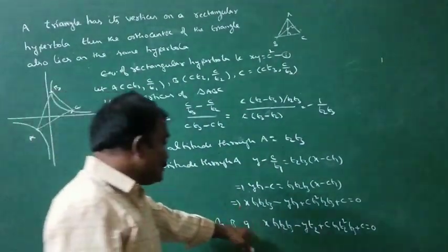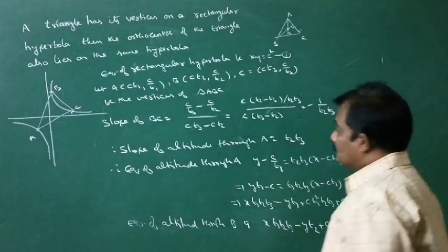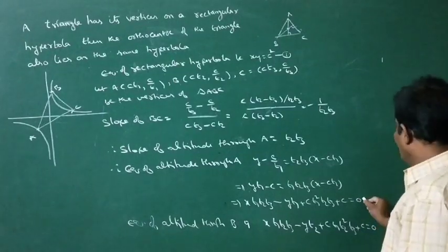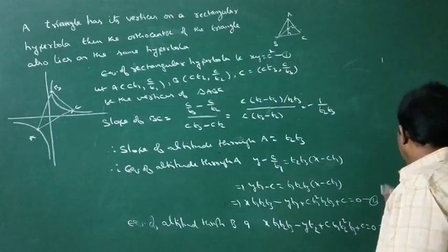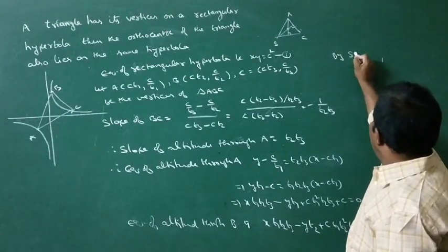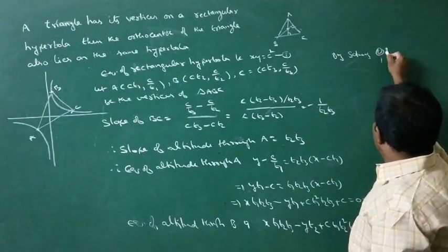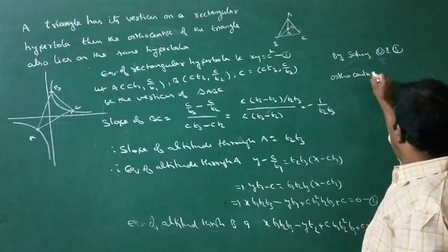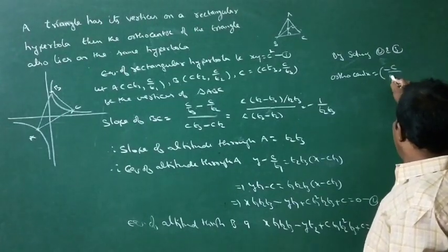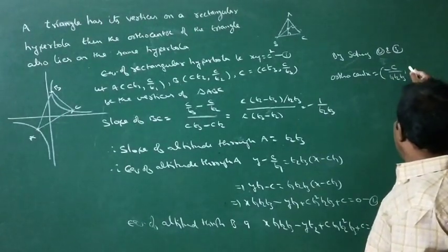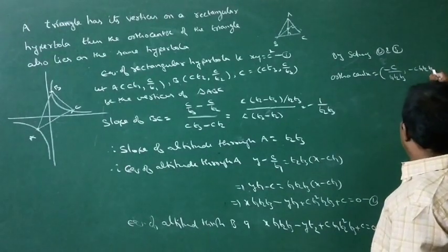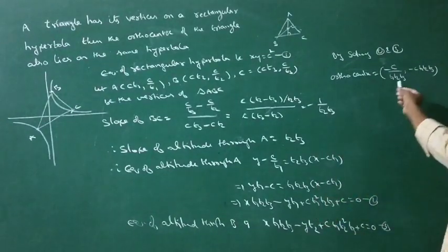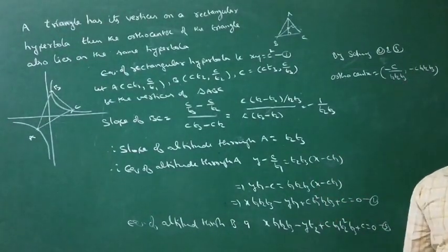By solving these two equations, we are getting the orthocenter. Take this one as 2 and this one as 3. By solving 2 and 3, orthocenter equal to (minus c by t1 t2 t3, minus c t1 t2 t3). By using point of intersection formula, we are getting this orthocenter.